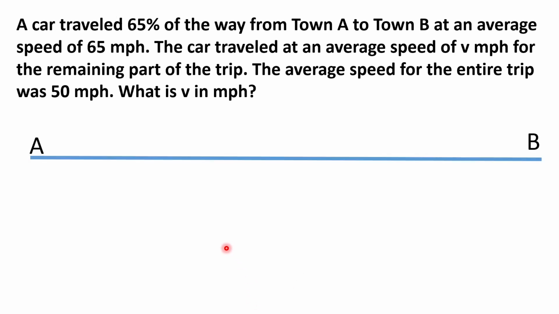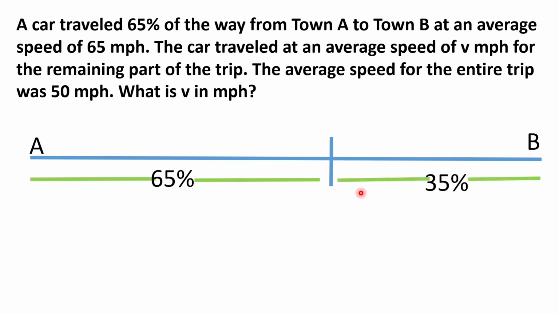First of all, we will try to understand the data. There are two towns and the car has traveled from town A to town B. Now we will introduce this barrier because in the question it is said that a car travels 65%. So this is 65%, and it means that the remaining distance will be 35%.